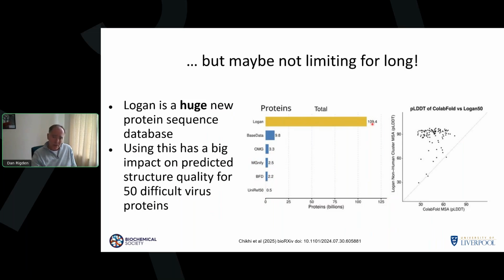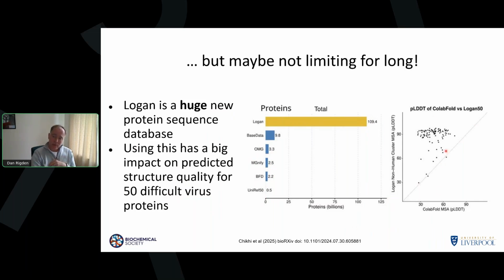This new database, Logan, has 100 billion sequences, absolutely astonishing. And so this will make a big difference to those hard cases. We will be able to make much better models. And they actually show that in the preprint here. They take 50 difficult virus proteins. Virus proteins are harder because they evolve quicker, and therefore it's harder to collect the homologs in a nice MSA.